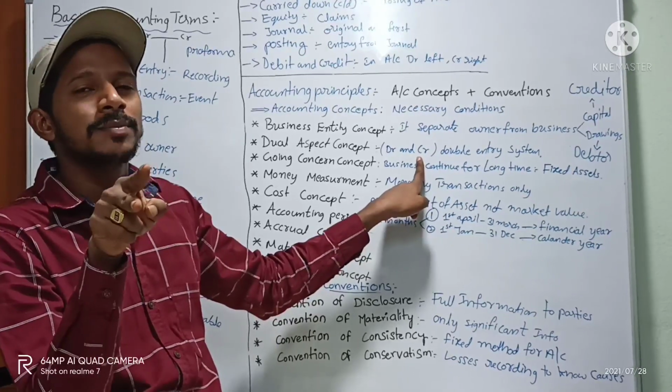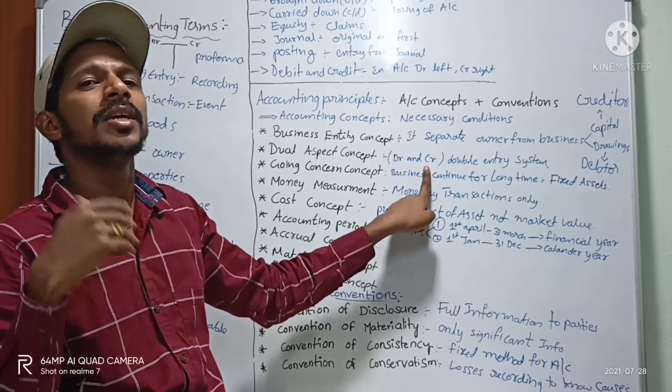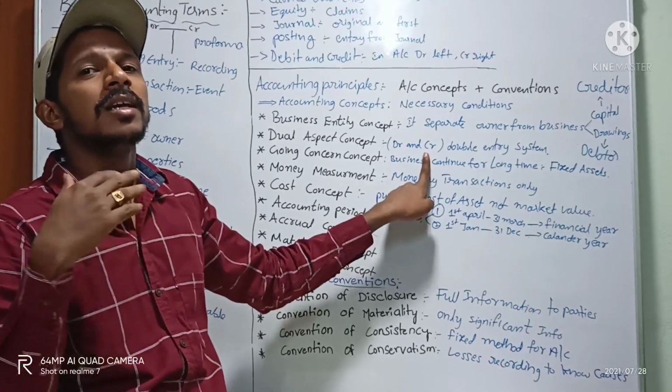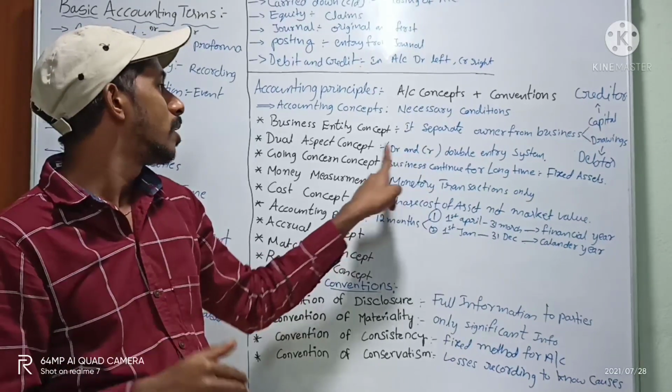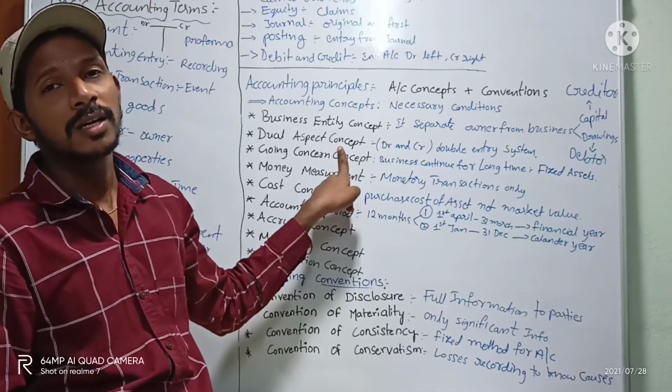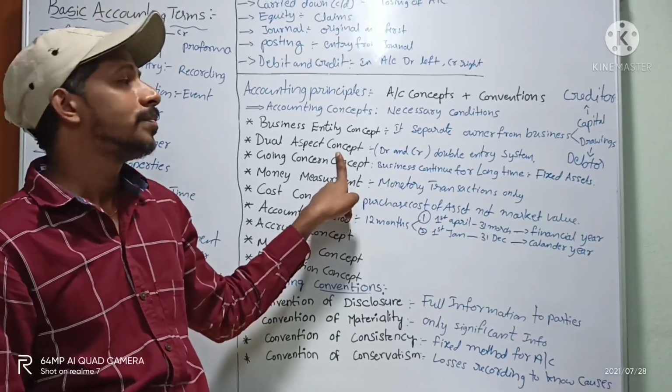One is the debit aspect, second one is the credit aspect. Means receiving aspect and giving aspect. Receiving is equal to giving. So according to the dual aspect concept, double entry system, we have to do the accounts.